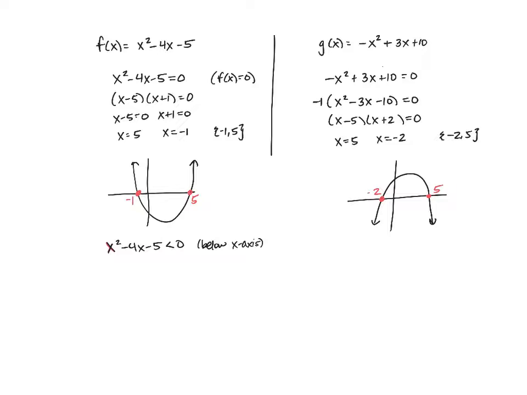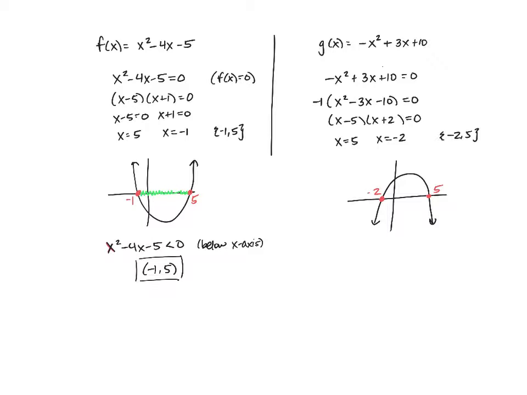So for a parabola that opens facing upward, the part that is below the x-axis is this part that is in between our two x-intercepts. So in interval notation, the part that is in between the x-intercepts is going to be negative 1 to 5, parentheses on this one because it did not have equal to 0 as an option.